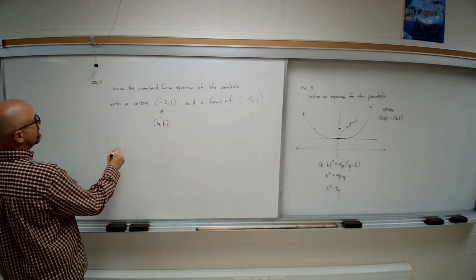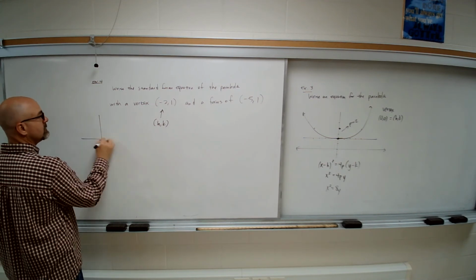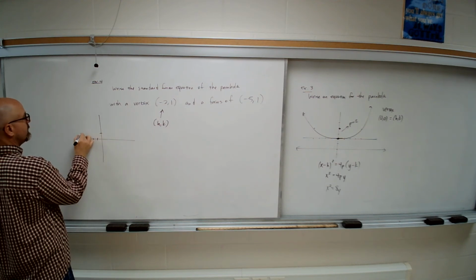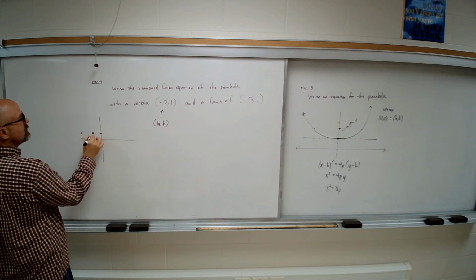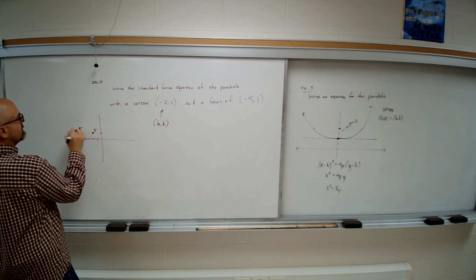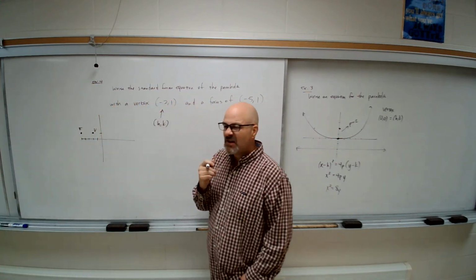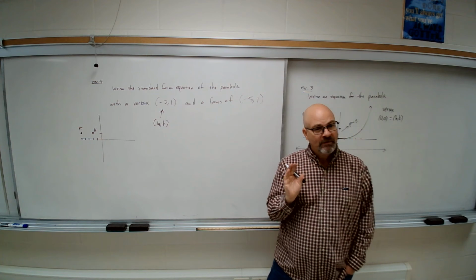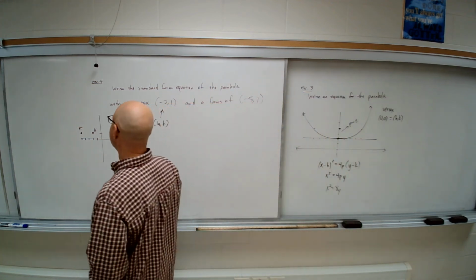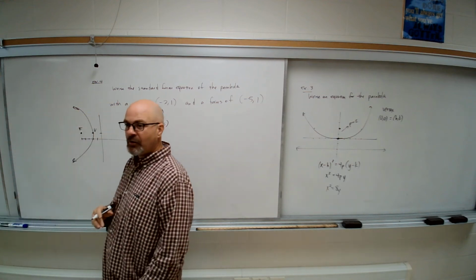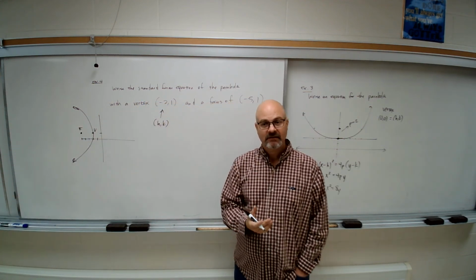And then from here, if we plot them, 1, 2, 3, 4, 5, negative 5, 1, and then negative 2, 1. This is the vertex. This is the focus. So the vertex is a point on the parabola, correct? And it opens around the focus. So that means this has to look something like this. So it means it opens to the left, correct?